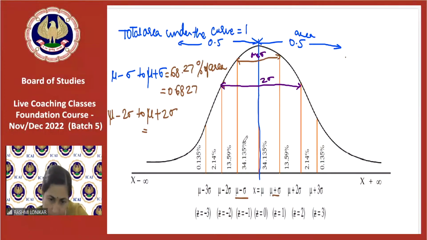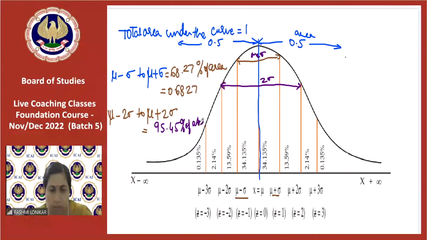So 34.135 plus 13.59. How much is that? 47.725, but 2 times, because half of it is on the left and half of it is on the right. So that is 95.45% of area.